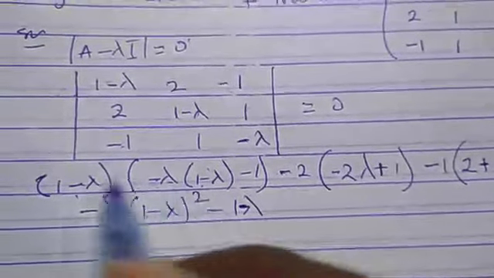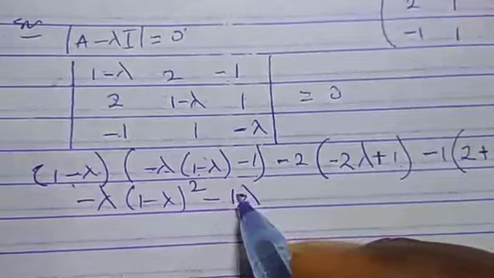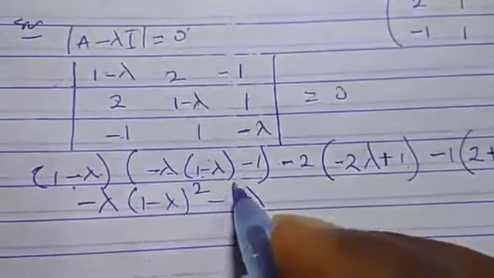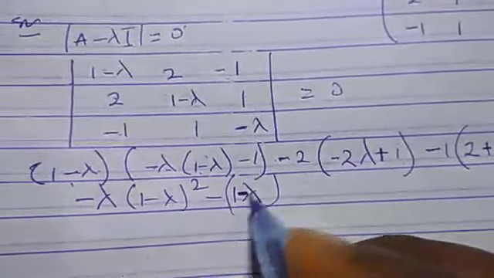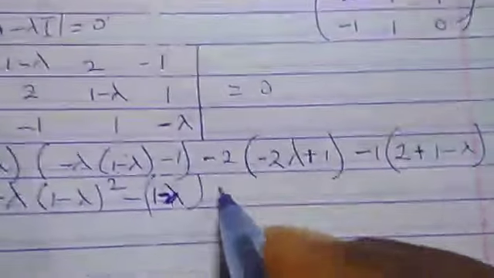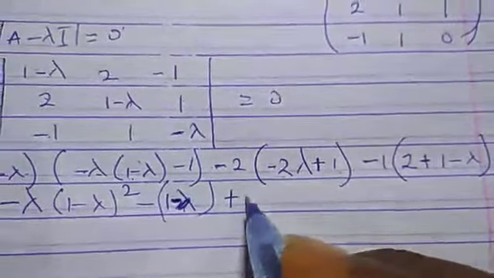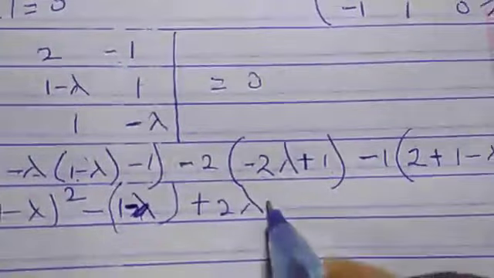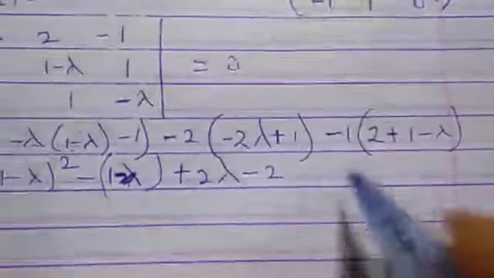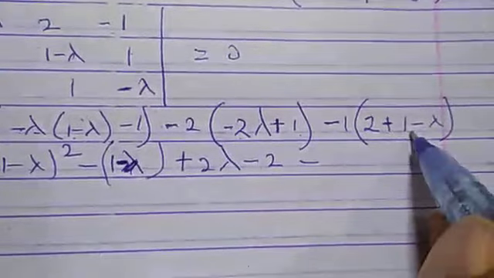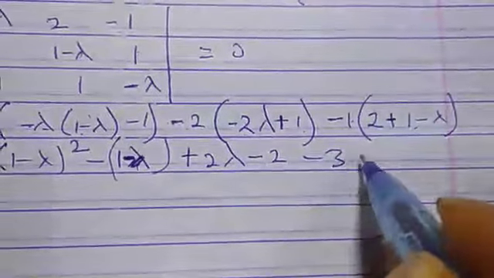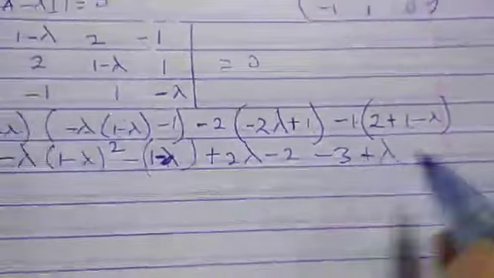Sorry, this times this will now become 1 minus lambda. So expanding this one will give me plus 2 lambda minus 2. This will give me 2 plus 1 is 3 times 1 minus 3 plus lambda, equal to 0.